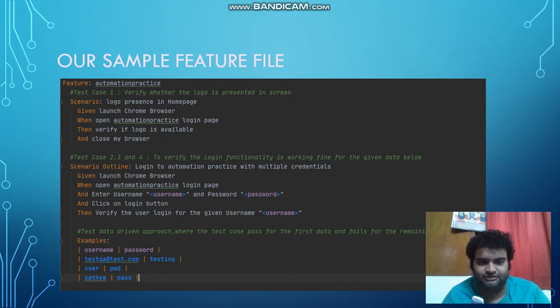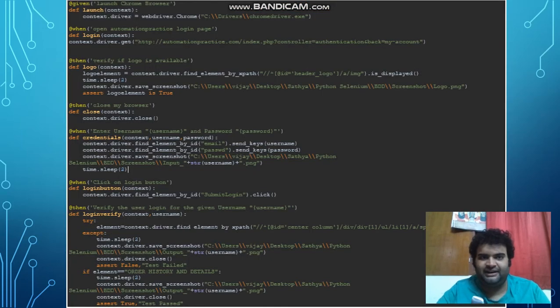Username and password: the first username is testqa@test.com and the password is testing. Similarly, I have given two invalid credentials. This is the detailed program which I wrote in Python, where for each individual keyword and class I have defined the respective functions.